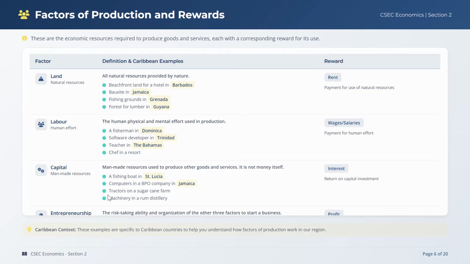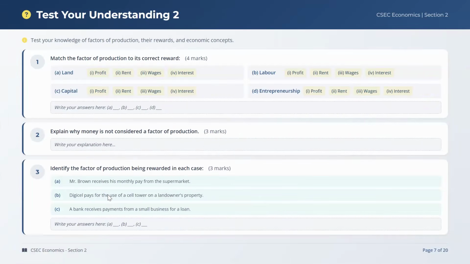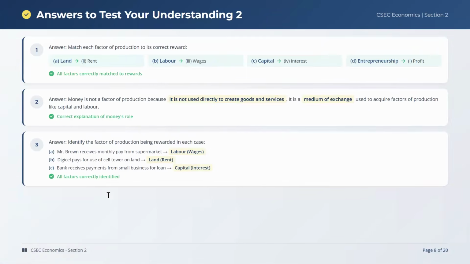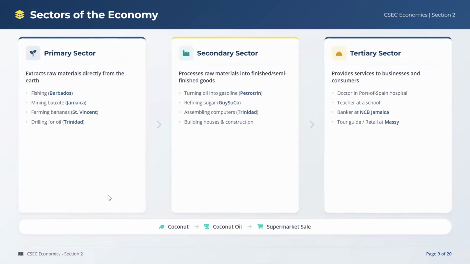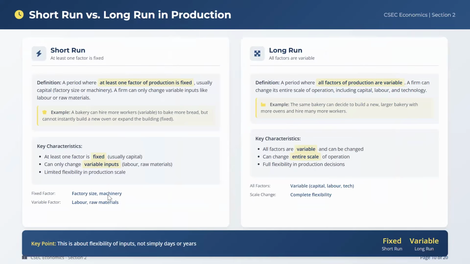You understand the resource, the benefit of each, the reward for each. We know the different sectors. What we're going to look at now is the difference between the short run and the long run.